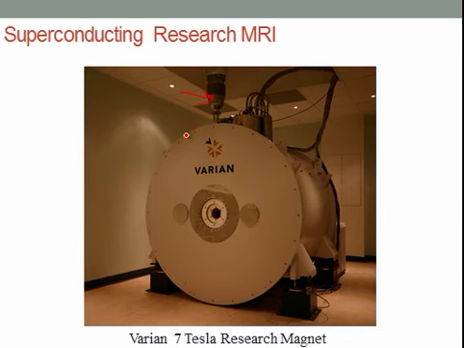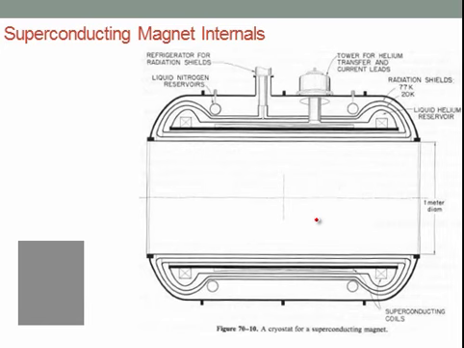So I think that's about it for this type of magnet. Let's look at some of the internals. Again, I mentioned the cold head. I don't think this particular diagram shows a cold head. It just shows a tower where you can fill the helium. In this particular design, there's an area for helium, and there's an area also for liquid nitrogen.